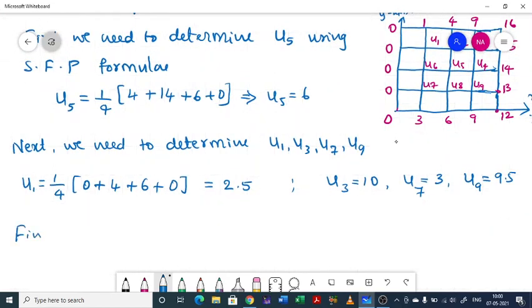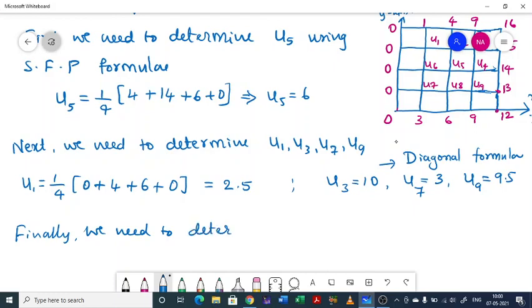Finally, for these we have used the diagonal formula. Now we need to determine u2, u4, u6, u8 using the standard 5-point formula.